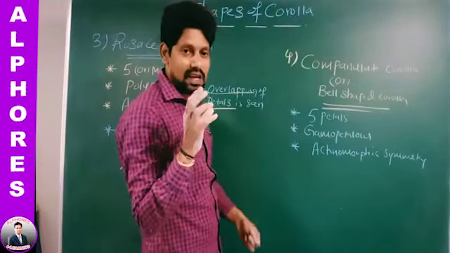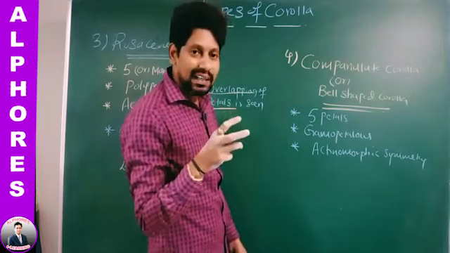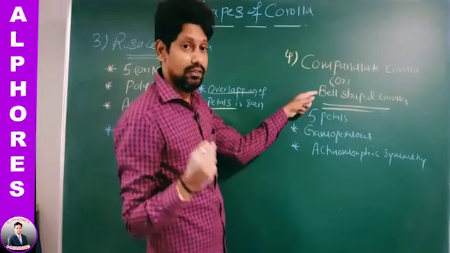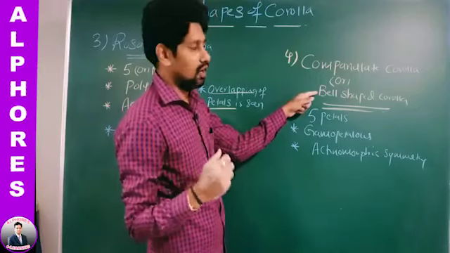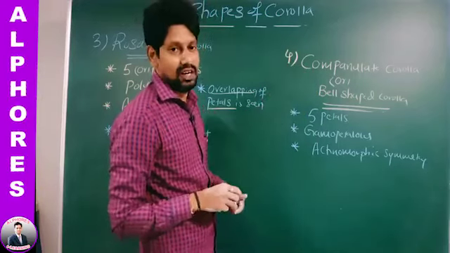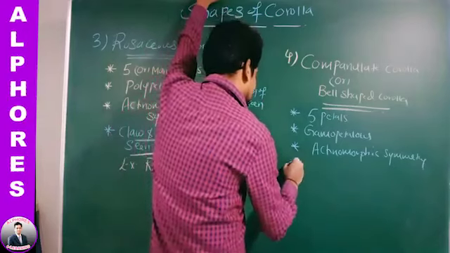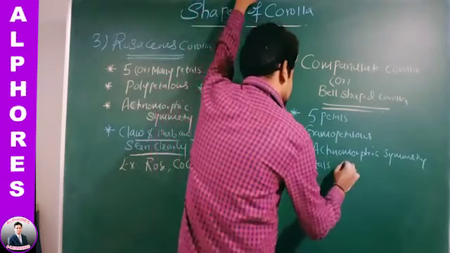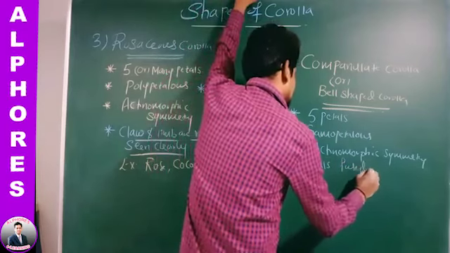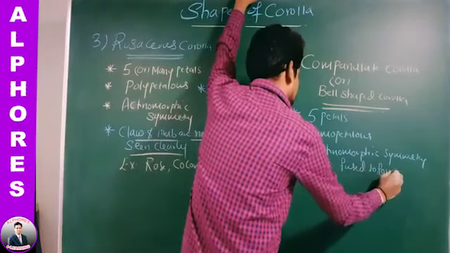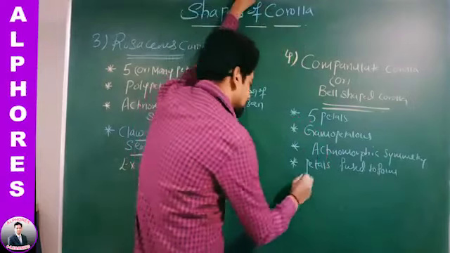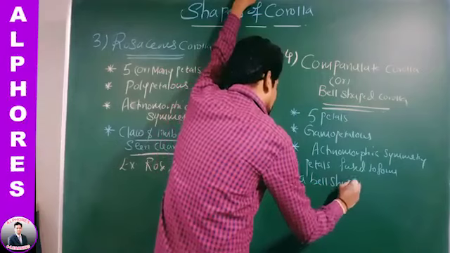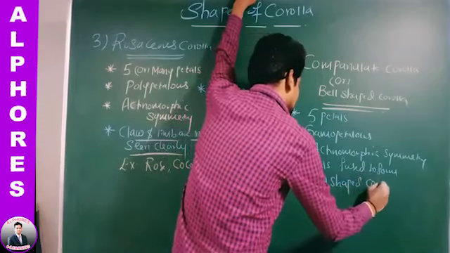These 5 petals are fused to form a bell-shaped corolla called campanulate corolla. Therefore, petals fused to form a bell-shaped corolla.